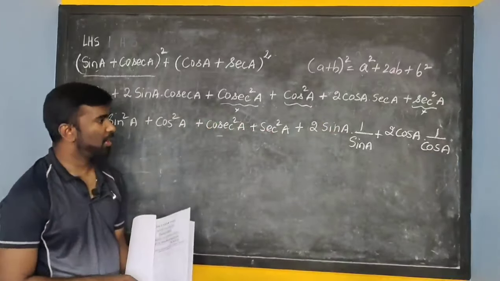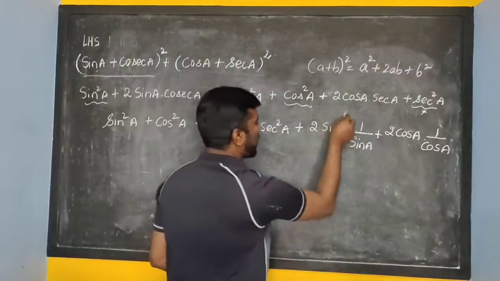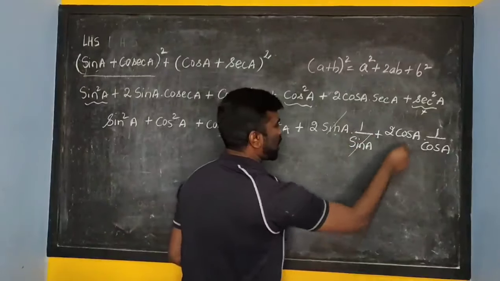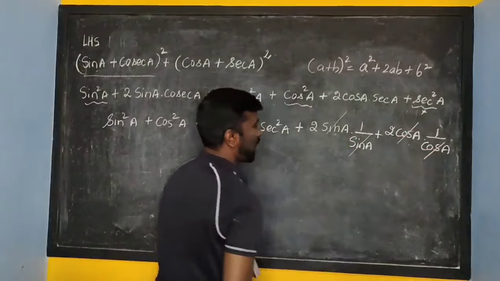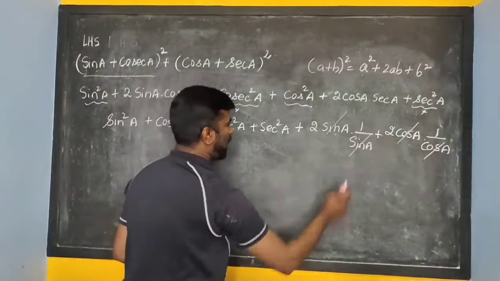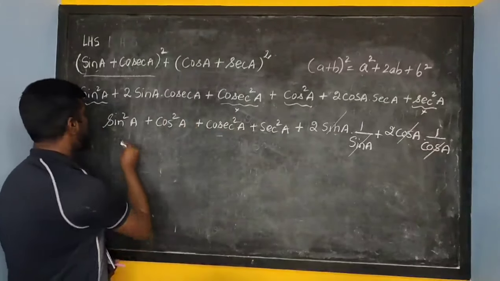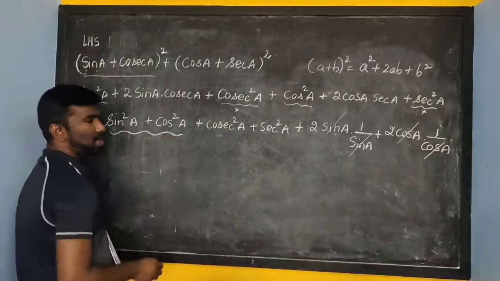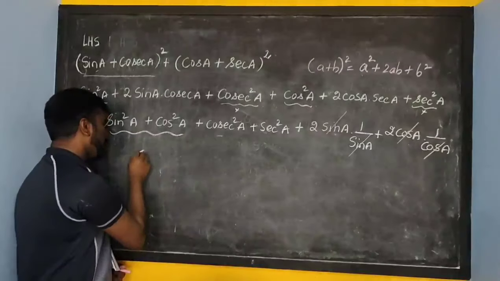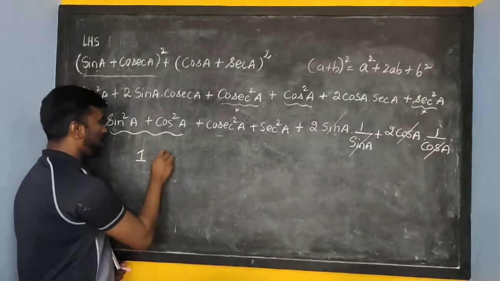Now what is the next step? Sin A and sin A will cancel out. Cos A and cos A will cancel out. What we get here is 2 and 2. Now using identity 1, sin square A plus cos square A is what? 1. Replace sin square A plus cos square A as 1.